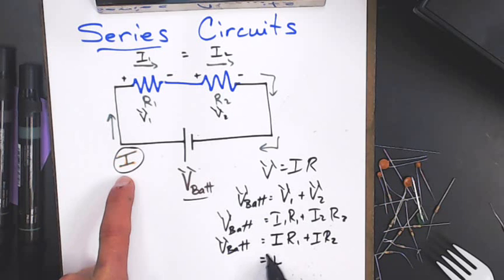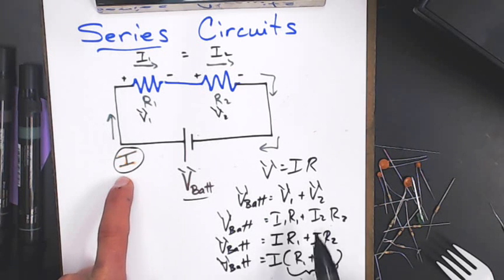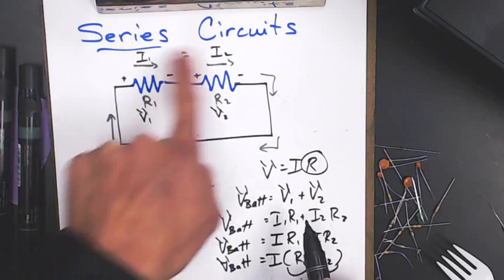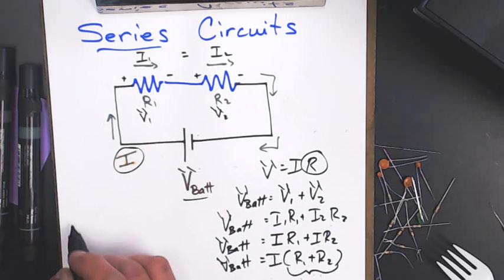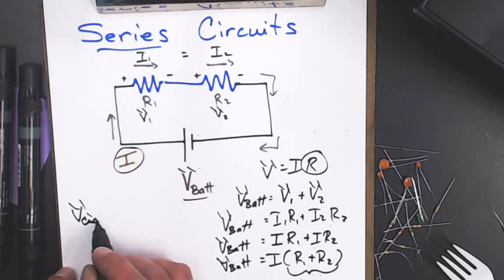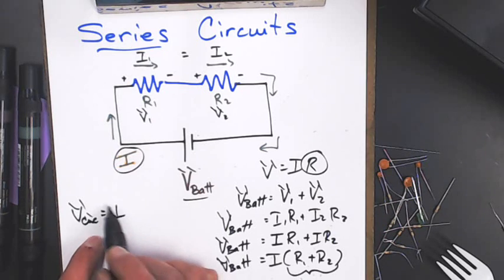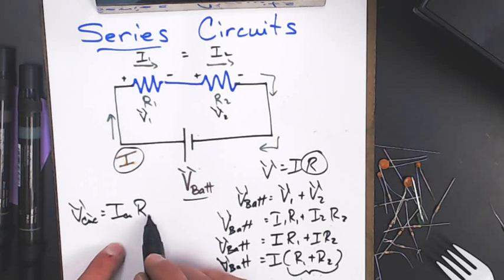And now I times R1 plus R2 equals the V of the battery. What does this mean? This is the equivalent resistance. So if I have this series circuit, the V of my circuit is going to equal the I of the circuit times the resistance of the circuit.